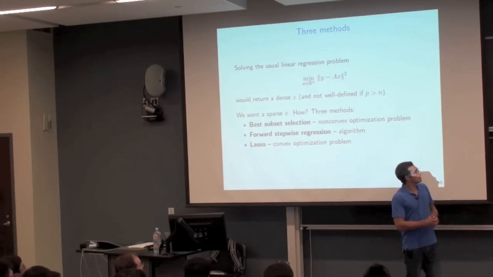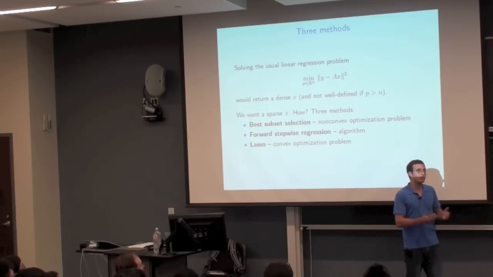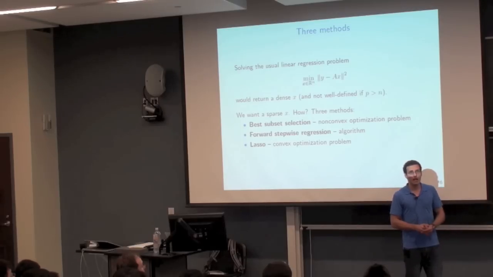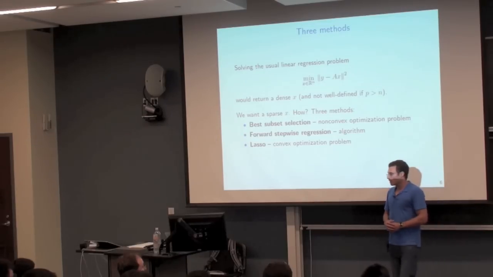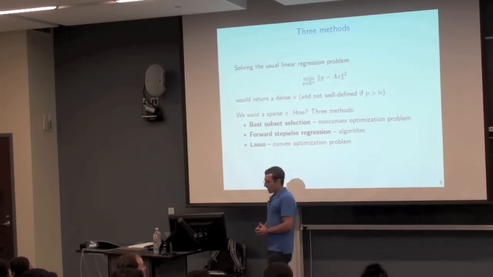This problem is convex, but it's not strictly convex. It has many solutions. In fact, it has infinitely many solutions. If you give me any variable, say variable number 20, I can always find a solution such that variable 20 is not used. That's true for any variable. So it's not really interpretable. It's not well defined.